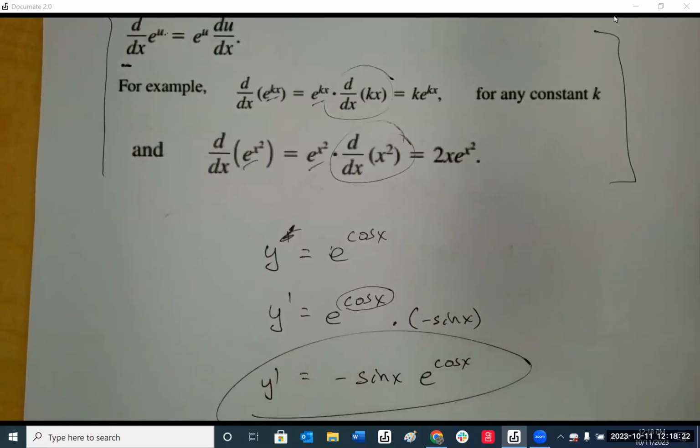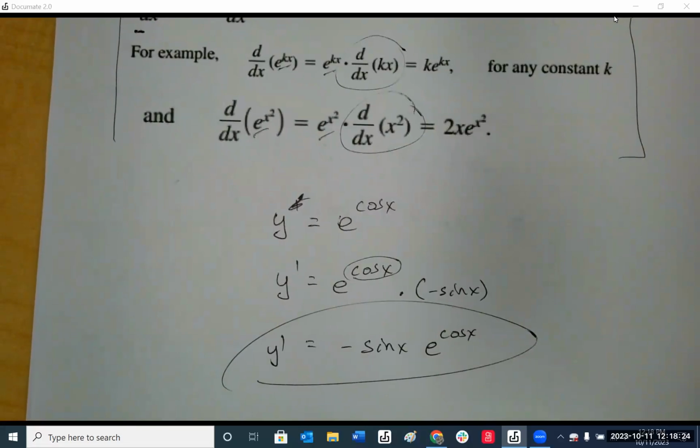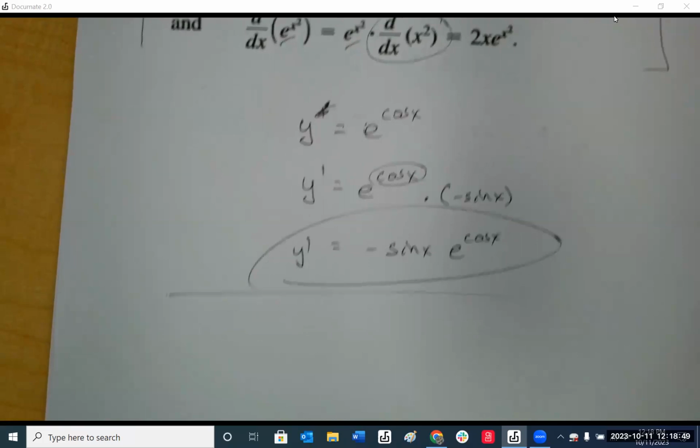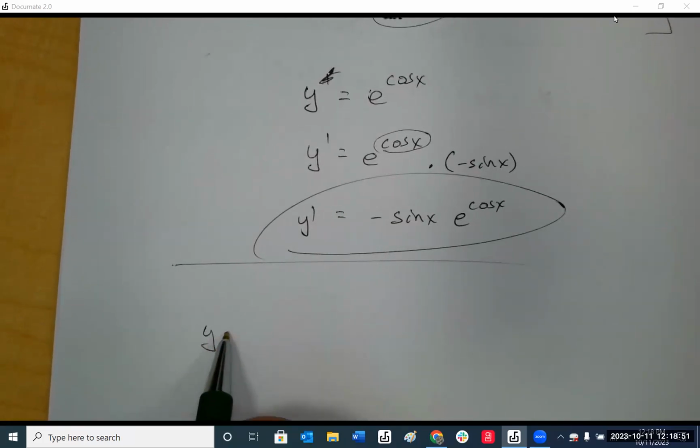There's our derivative. And there's really no end to the number of times you could have a function within a function. I mean, on a final exam, I could give you something like this.